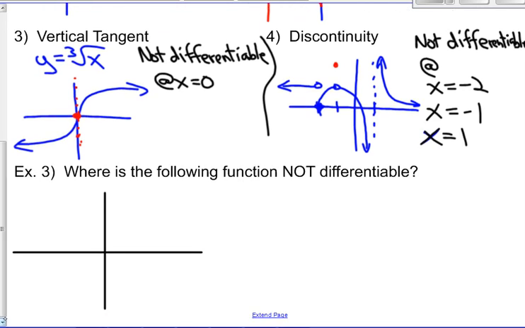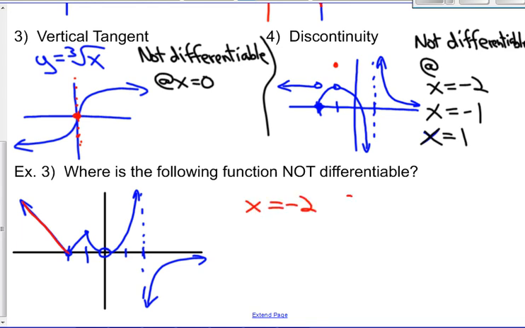Let's take a look at a little function here. Okay, so we want to figure out where this one is not differentiable. If I trace along it from the left, no problem, no problem, no problem, no problem. Right here at x equals -2, no good, because there's a corner. Okay. And then this whole section is fine until we hit right here, x equals -1.